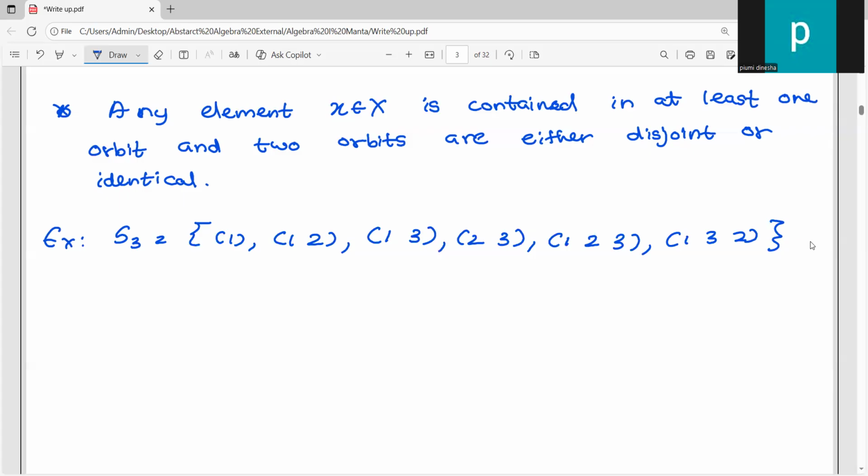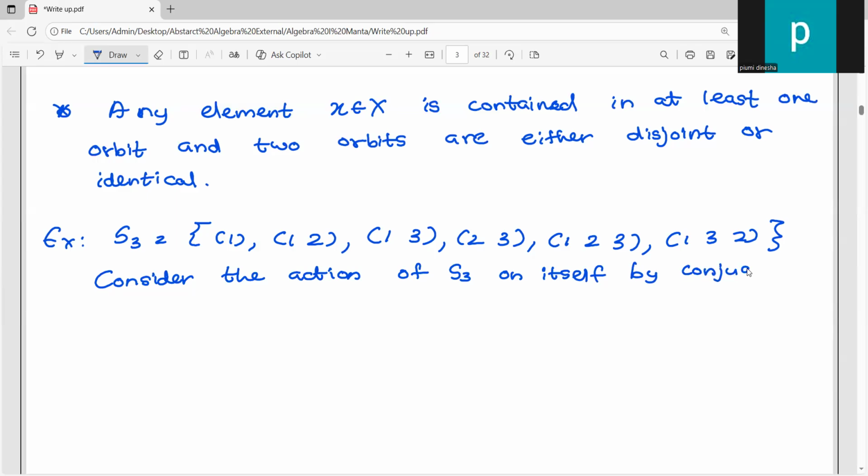Now, this is the group. What we are going to do is consider the action of S3 on itself by conjugation.